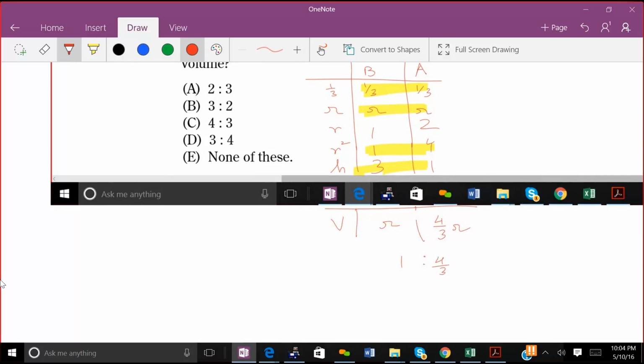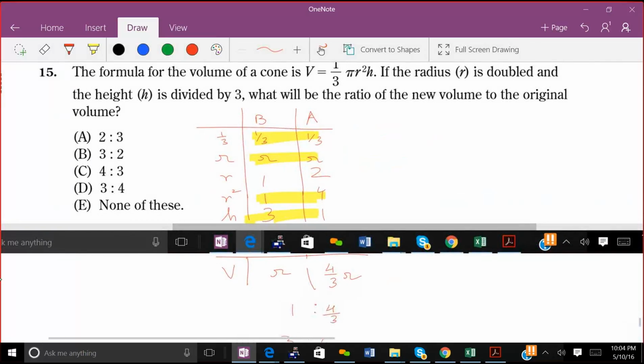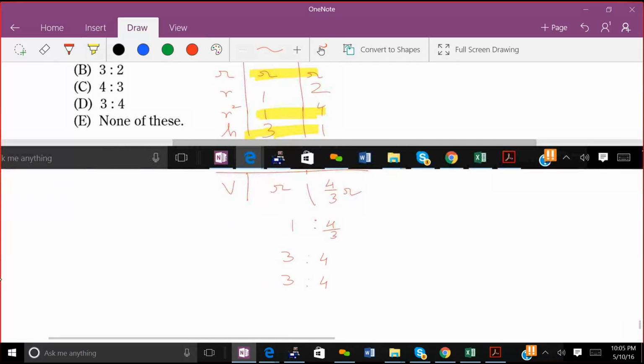So multiply both sides with 3 is going to be 3:4. But remember I told you before, at the end of the question, always read what they're asking. They're asking new volume to original volume. So they flipped it on you. With ratio questions, I'll say 80% of the time they flip it, to trap students. So watch out for that. It's going to be 4:3. So yeah, it's C.